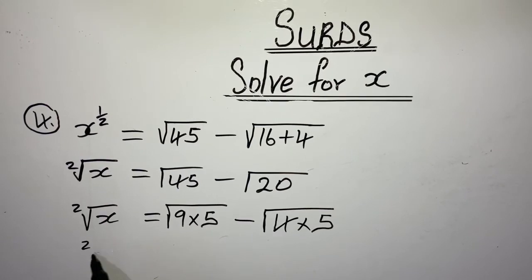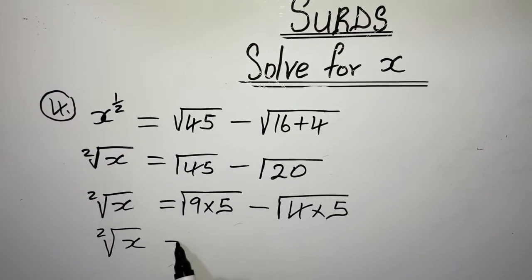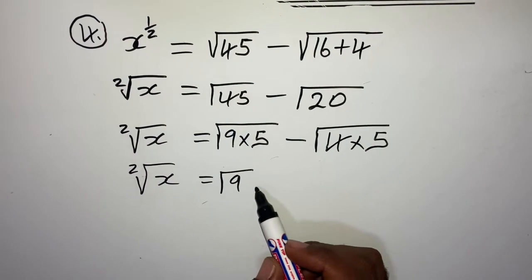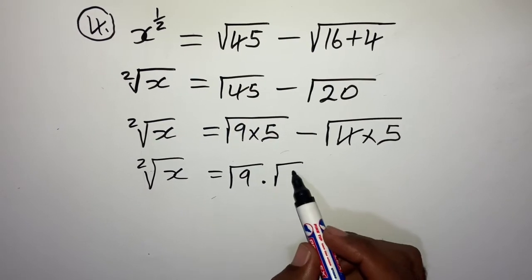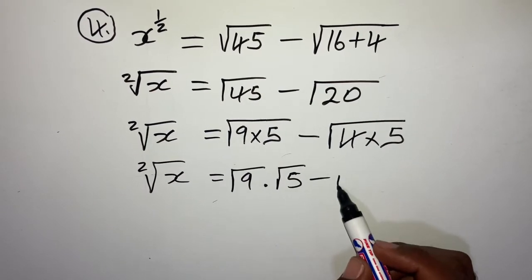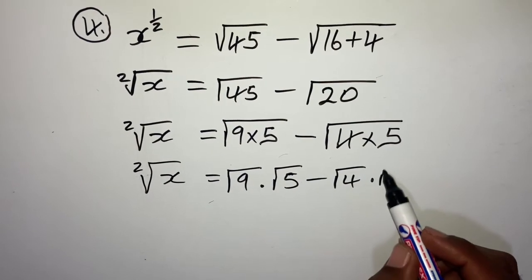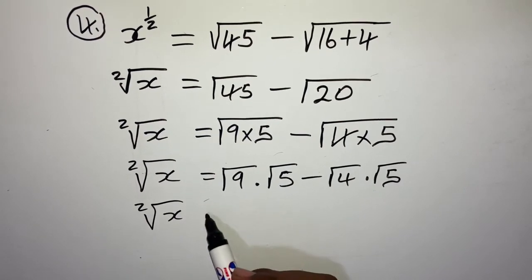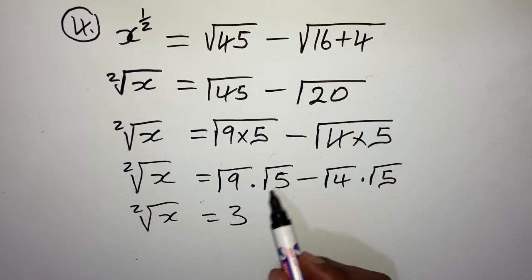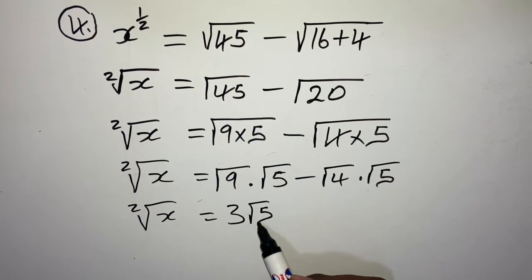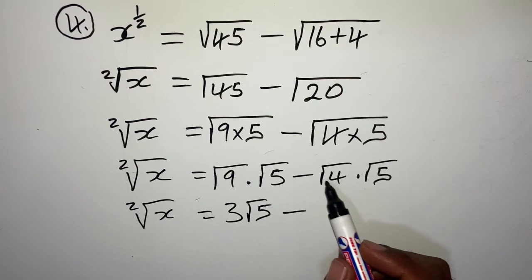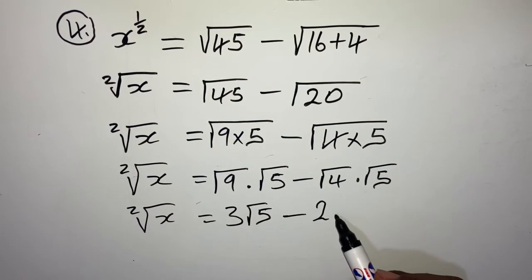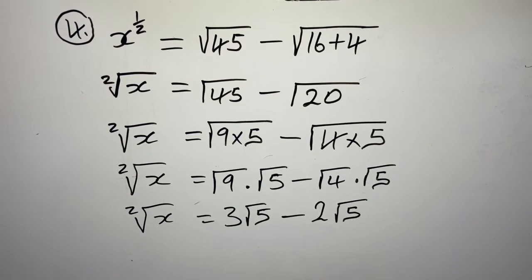So from here, I go on to separate these. Root of 9 times a root of 5 minus root of 4 times a root of 5. A root of 9 is a 3 times the root of 5, so it's a 3 root of 5 minus a root of 4, which is a 2 times a root of 5.